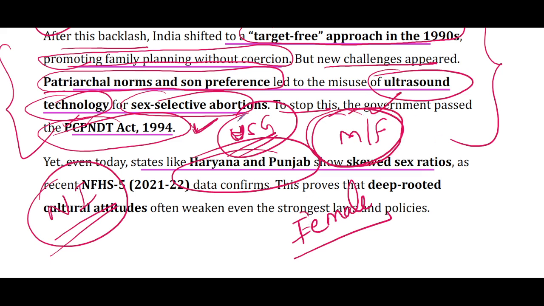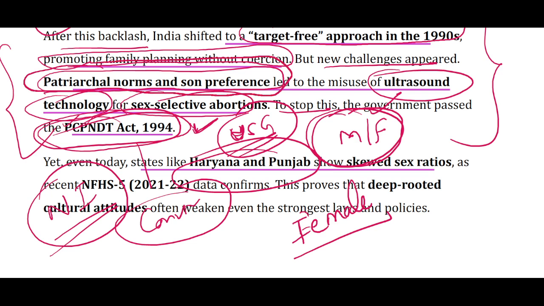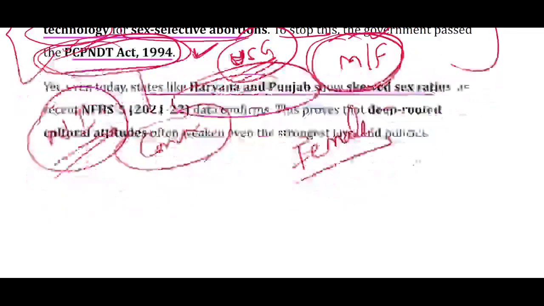So for all this the Act has been brought in, but conviction is very low. And here the main culprits are patriarchal norms and son preference.